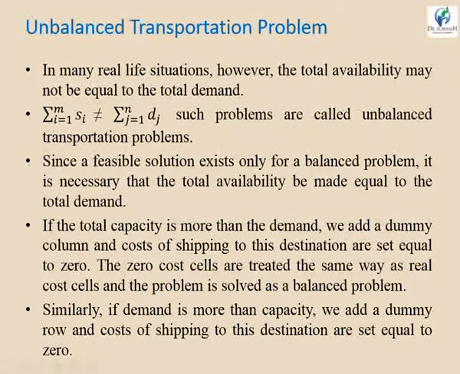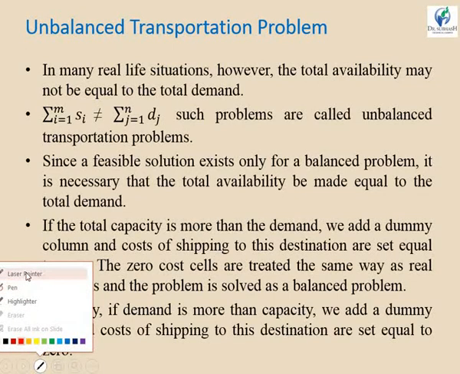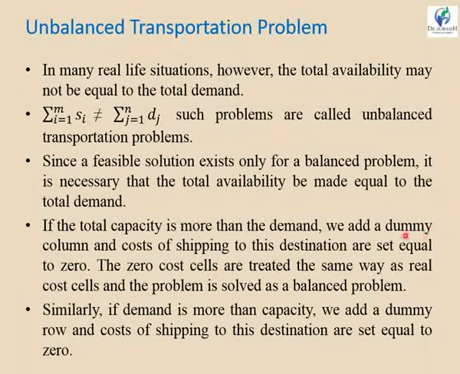If the capacity of the factories is more than the demand of the destination points or warehouses, then to make it a balanced problem we need to add a dummy column, and the cost of shipping to these destinations is set equal to 0.